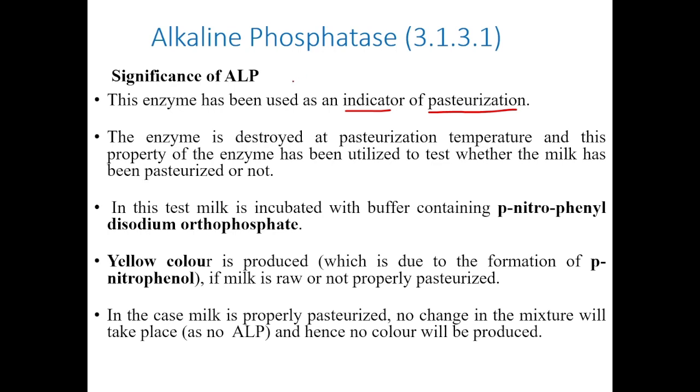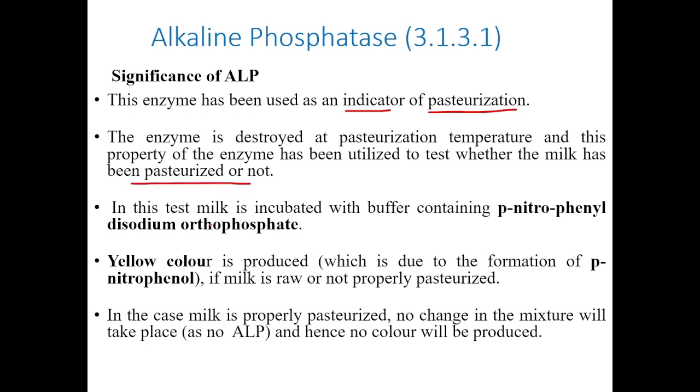The Coxiella burnetii is the pasteurization indicator, and the destruction temperature for alkaline phosphatase is slightly higher than the temperature required to destroy Coxiella burnetii. Now the enzyme is destroyed at pasteurization temperature, and this property of the enzyme has been utilized to test whether the milk has been properly pasteurized or not.